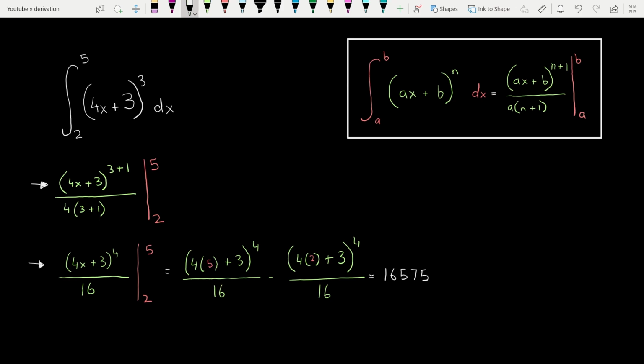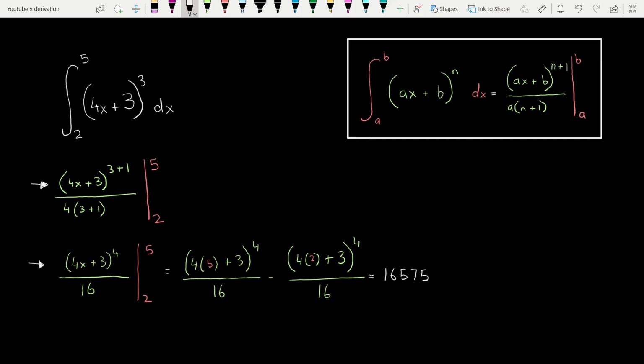So you can see the rest of the steps over here are just the same. The only different step in this general form is that x raised to the power n solves out to something different. In this case, it solves out to something different. The application of limits remains the same. Nothing changes over there.